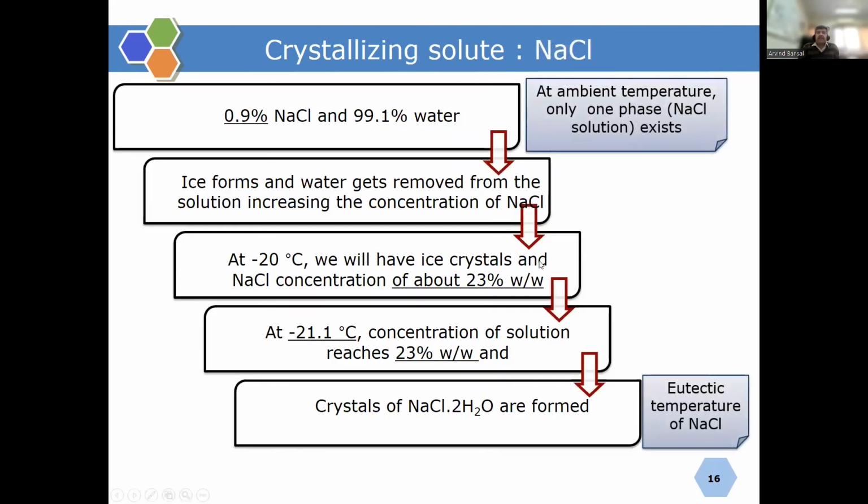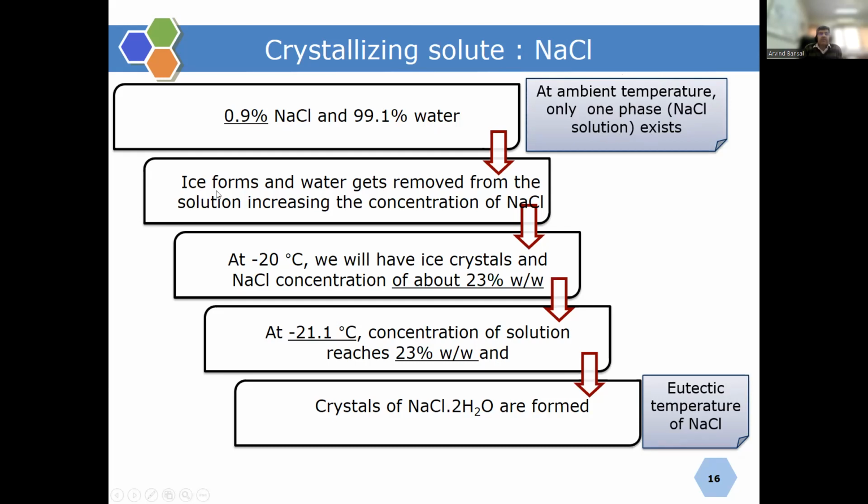We'll here take an example of a crystallizing solute, which is sodium chloride. If we start with a 0.9% solution of sodium chloride, it contains 0.9% sodium chloride and 99.1% water. And at ambient temperature, only one phase, that is sodium chloride solution, exists.